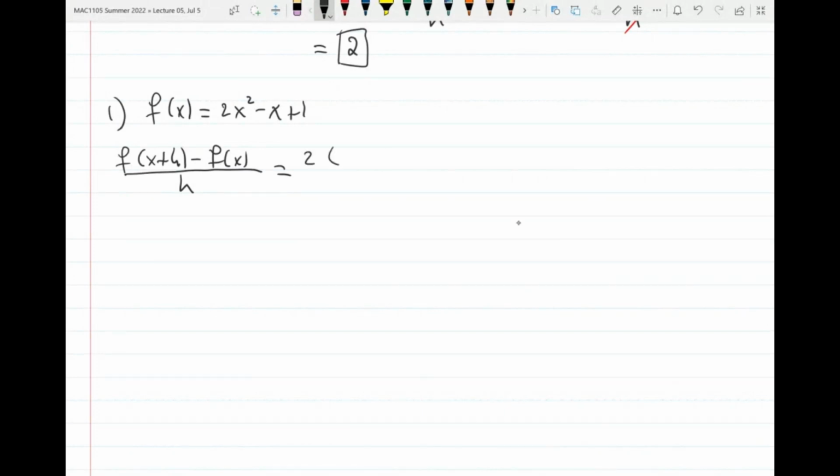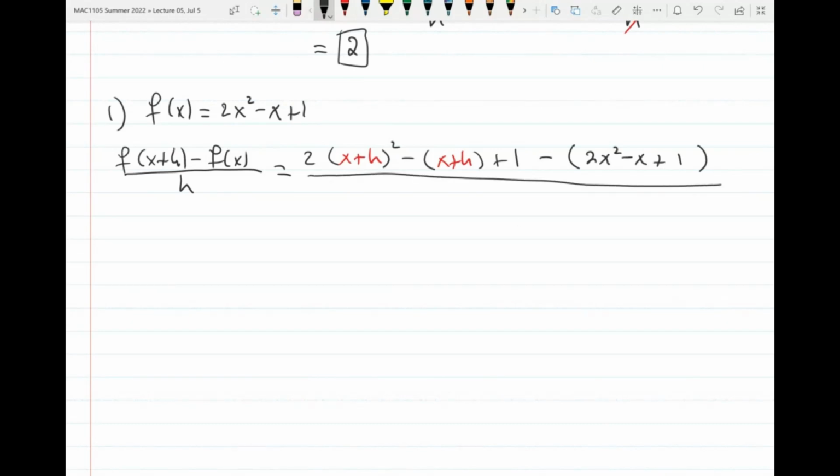I strongly encourage you to put parentheses everywhere that you see an x, then fill in the input inside the parentheses. That's the f of x plus h part. Then minus f of x, which is 2x squared minus x plus 1. All of this divided by h.